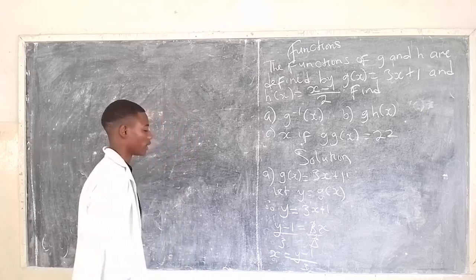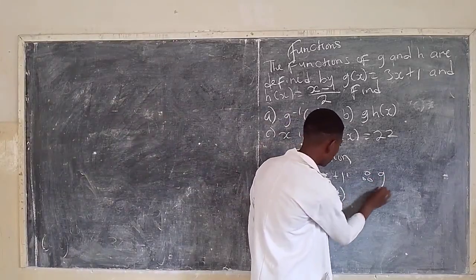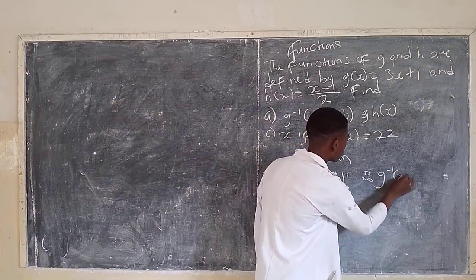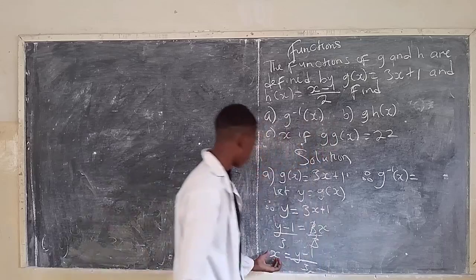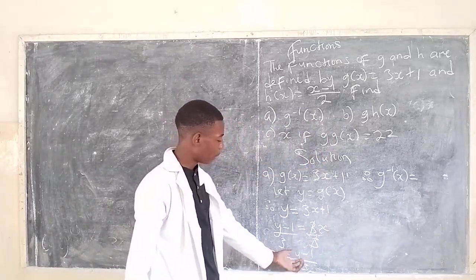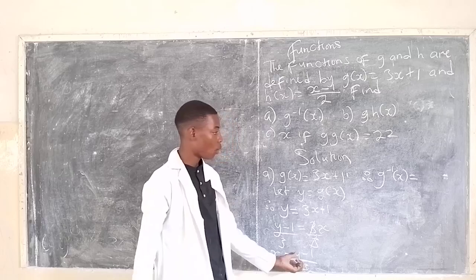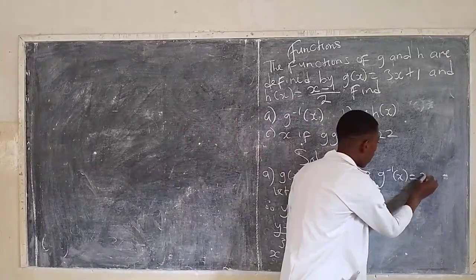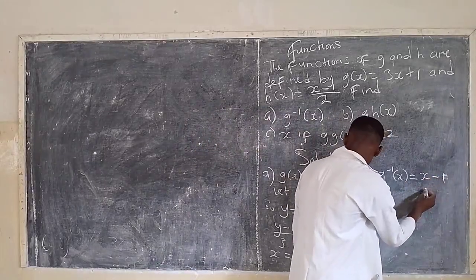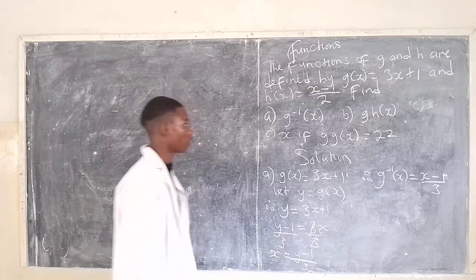Therefore, our g inverse of x is equal to this. Now remember, in our original equation there was no y, so where there is y, you put x. So we have x minus 1 over 3 as our answer for the first one.